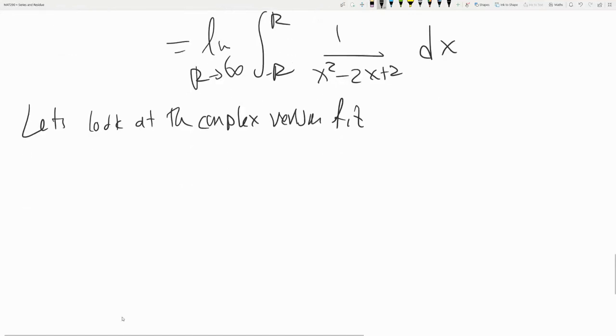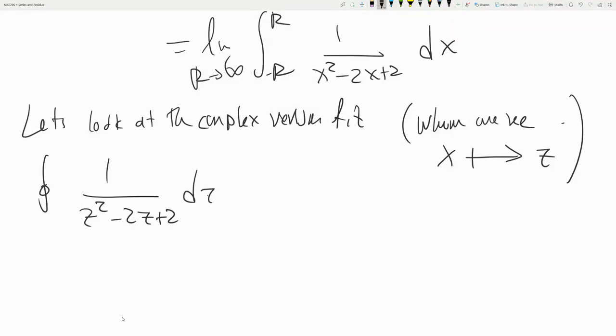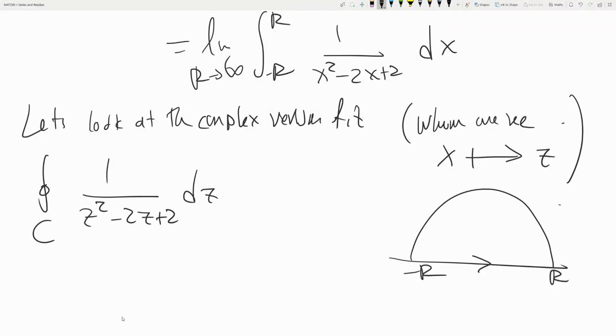All right, so what do I mean by that? Well, what we do is wherever we see x, we put z. So z squared minus 2z plus 2 dz over the contour C, and this is the contour. Let me write C_R.